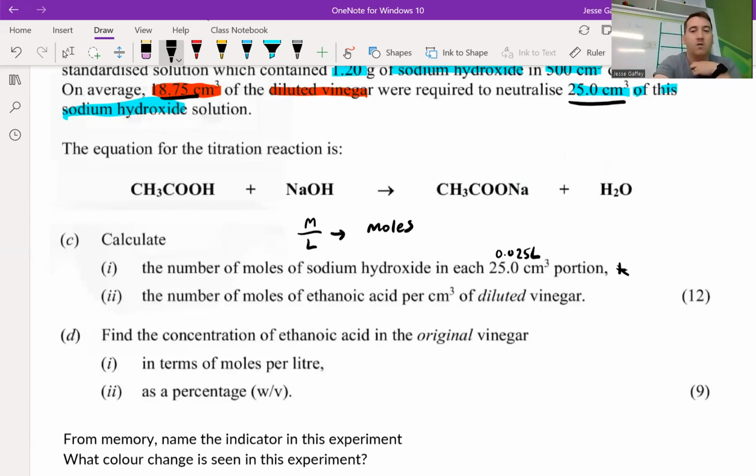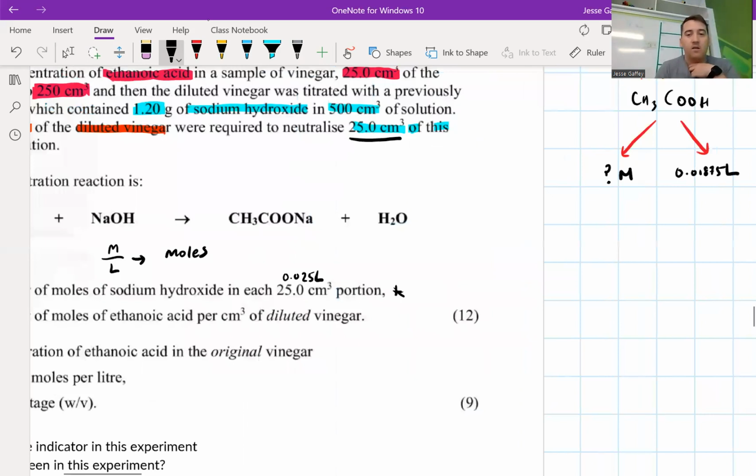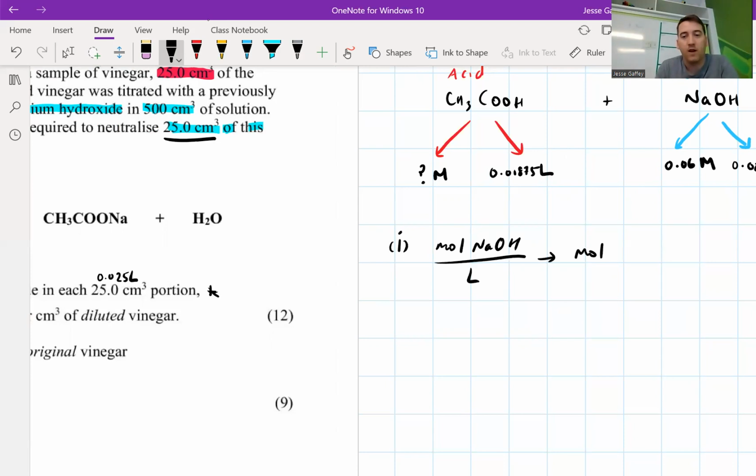Now that I've shown you the planning, step one, we're going from moles NaOH per liter just to moles of NaOH.